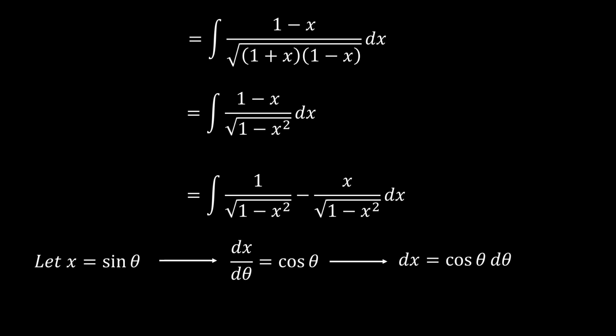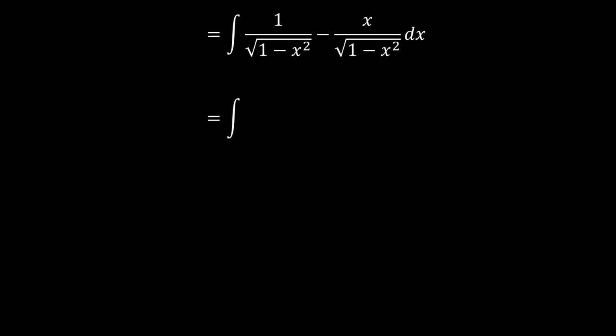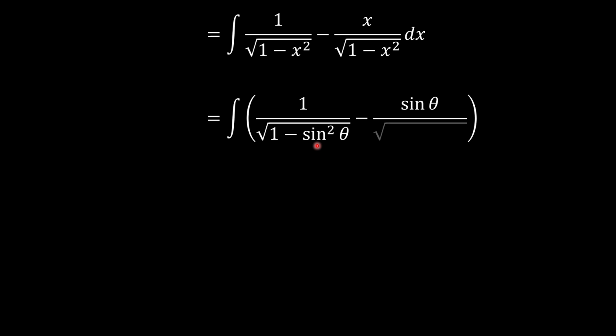So we can go ahead now and substitute into our integrand, 1 over the square root of 1 minus x squared minus x over the square root of 1 minus x squared. In place of x, we have sine theta, so that we have 1 over the square root of 1 minus sine squared theta minus sine theta over the square root of 1 minus sine squared theta. And then in place of dx, we have cosine theta d theta.